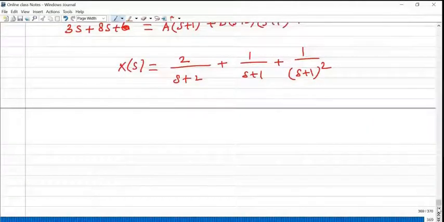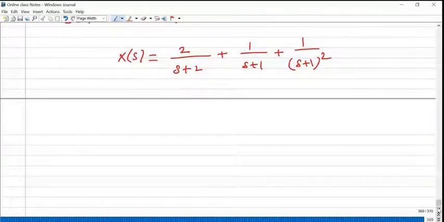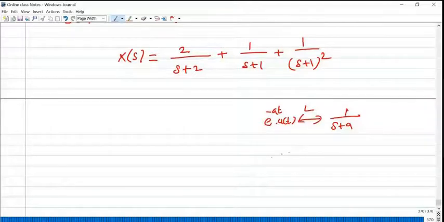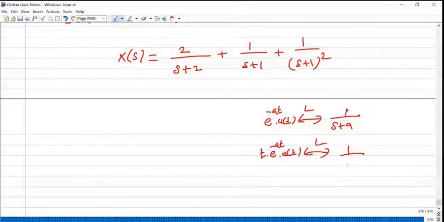Now our objective is that the given X(s) should be factorized or split into formulas. So what are the formulas we need here? The Laplace transform of e^(-at) u(t) is 1 / (s + a). And the Laplace transform of t e^(-at) u(t) is 1 / (s + a) whole square.